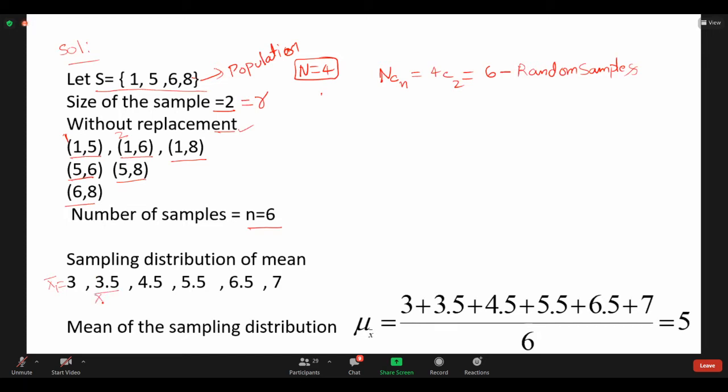This is the second random sample mean, x2 bar. And the third random sample contains elements 1, 8. Now from that you can find out the third random sample mean, that is x3 bar, which equals 4.5.